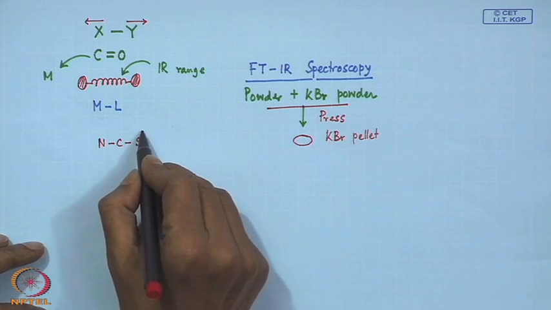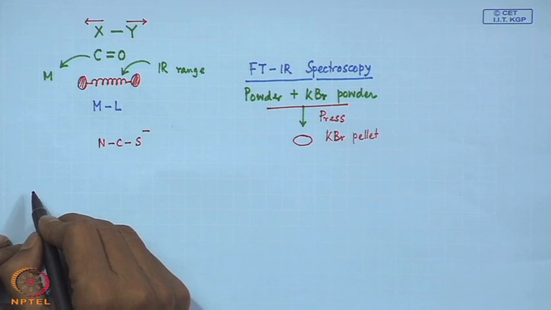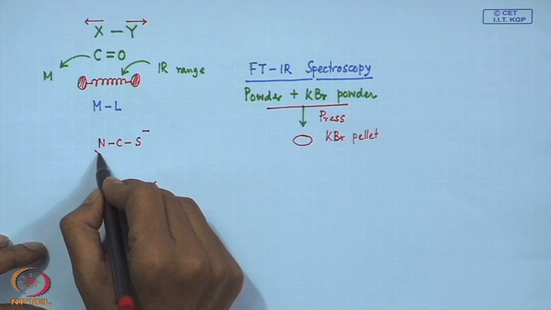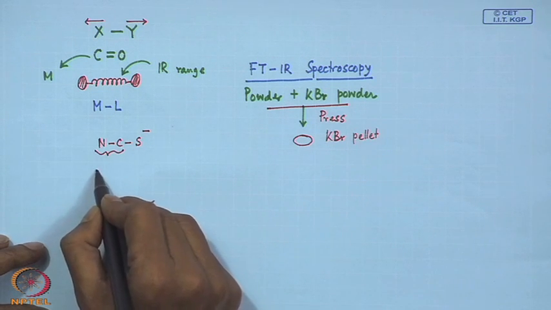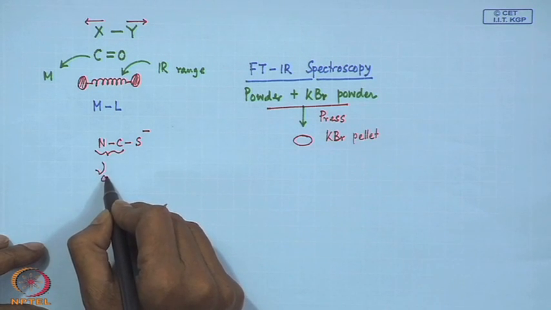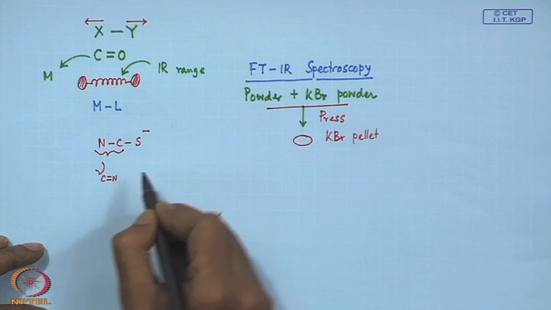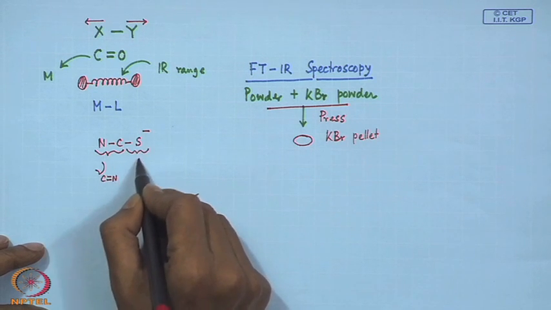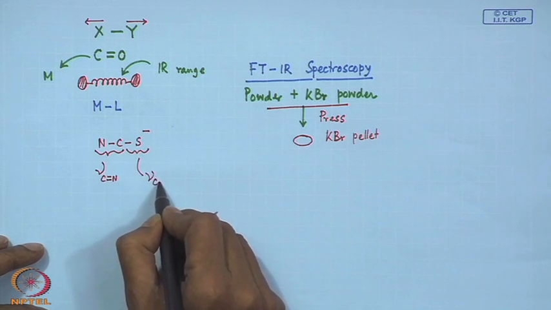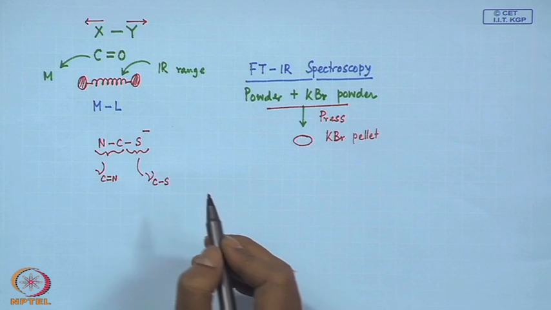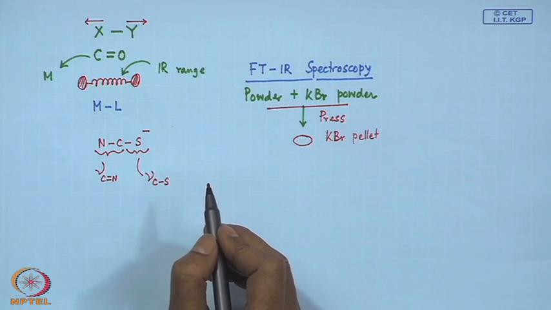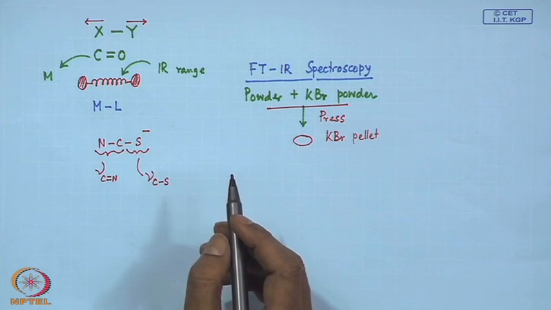When the NCS thiocyanate anion is binding to iron, we can have the stretching frequency for the C double or triple bond N as well as the stretching frequency for CS. So, these are the two characteristic stretching frequencies present.